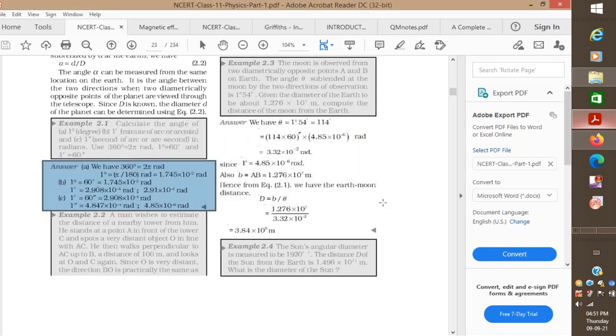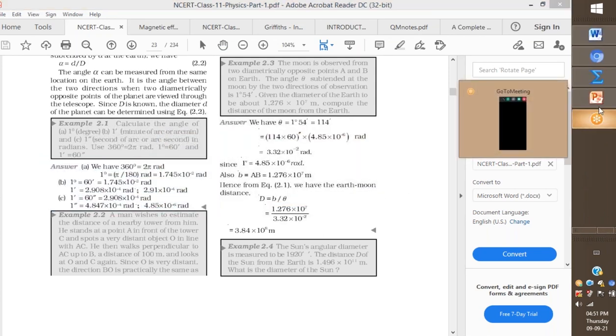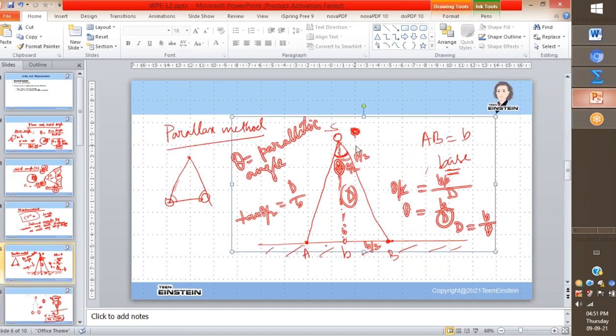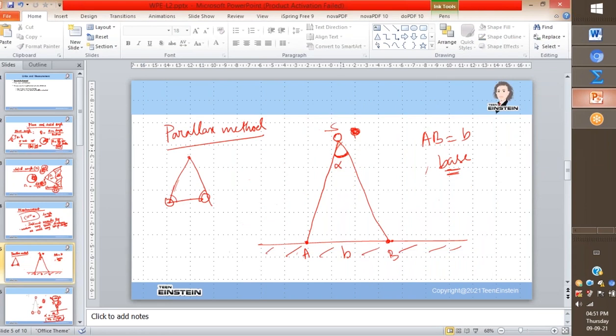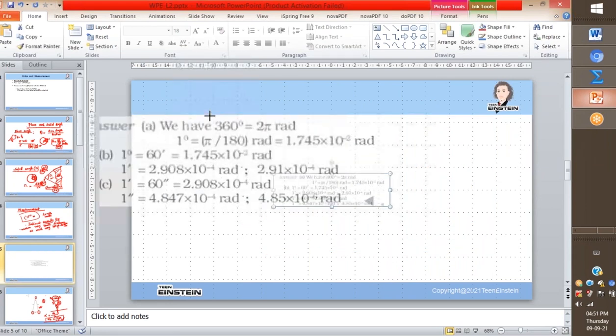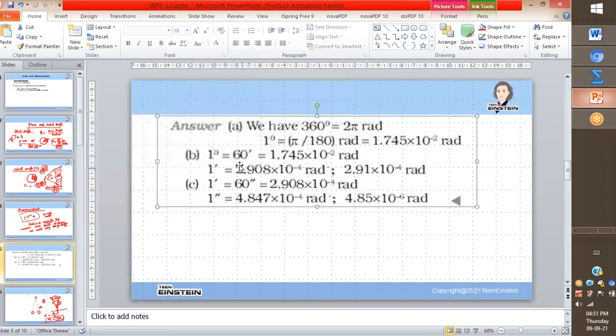See here, this is a degree sign, you know that. So 1 degree means pi by 180 radian. This value will be 1.745 into 10 to the power minus 2 rad.